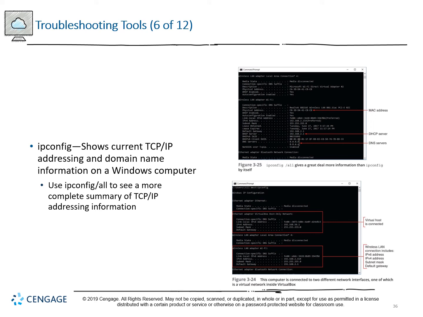So the DHCP server allows us to identify the IP address, subnet mask, etc. So if we look down here at the second one, we can actually see the difference between a Wi-Fi adapter and a local virtual adapter through VirtualBox, so VM machine. So the top and bottom graphics are using the same tool, just in different ways.